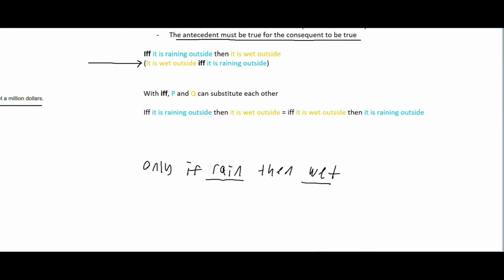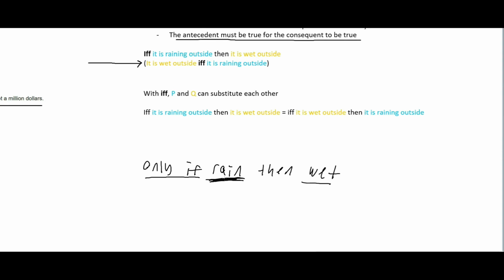Only if it's raining will it be wet outside, but there might need to be some other additional condition in order for it to be wet outside. If we're using only if without just the if, then we're saying that rain is necessary, but it might not be sufficient for it to be wet outside.